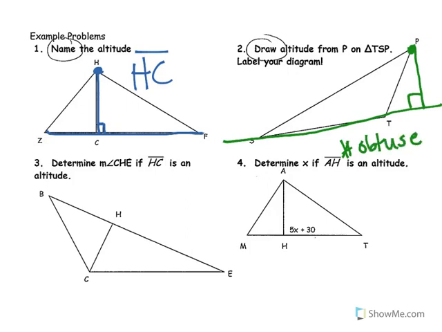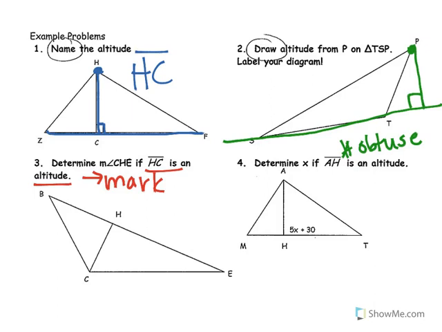All right, let's look at example 3 and 4. So these are going to talk about angle measures and setting up equations. So I want to determine the measure of CHE if HC is an altitude. Well, let's mark the diagram first. We always want to do that at the beginning.